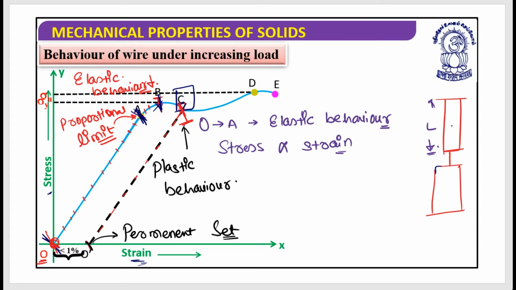Now, what I understood is that the material has been wasted because plastic behavior has started and a permanent set has been developed. So if it has been developed, then why not put up more weight and check what happens next. So what I have suggested is to put on more weights and see what the situation is when this wire, or this rod, is going to break down.